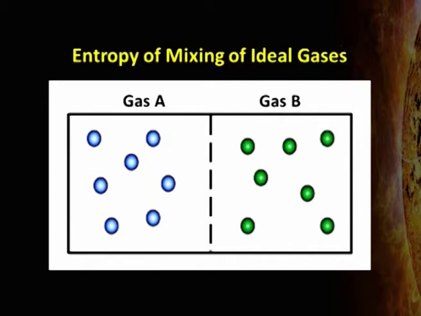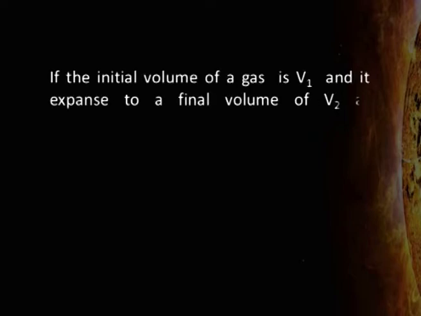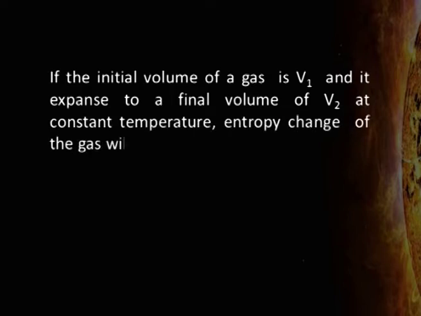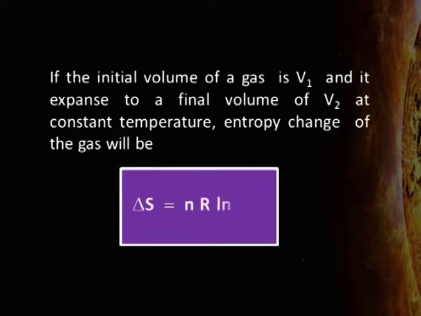To calculate the entropy change, let us consider the two separate expansions, that is, the expansion of gas A and the expansion of gas B. If the initial volume of a gas is V1 and it expands to a final volume of V2 at constant temperature, then the entropy change of the gas will be given by delta S equal to NR natural log V2 divided by V1.